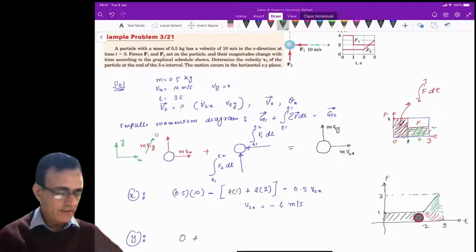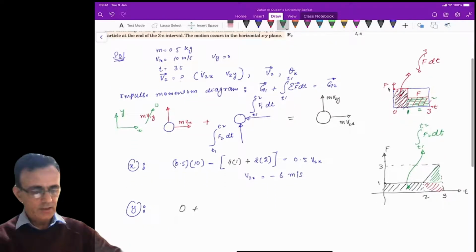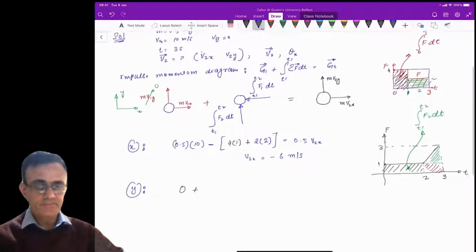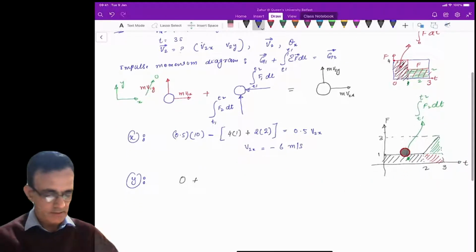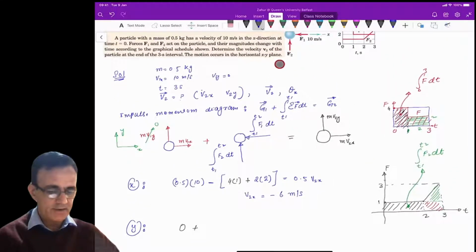So this area under the curve, which is this impulse T1 to T2 F2 dt, is just the area under this curve here. So if we take this case here, as you can see, F2 is acting in the positive y direction.